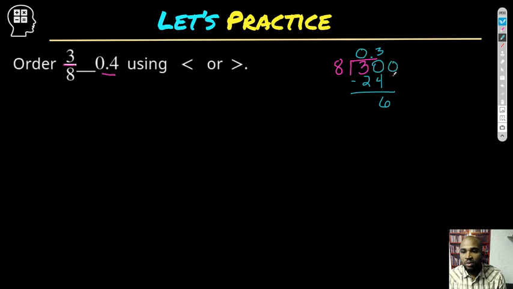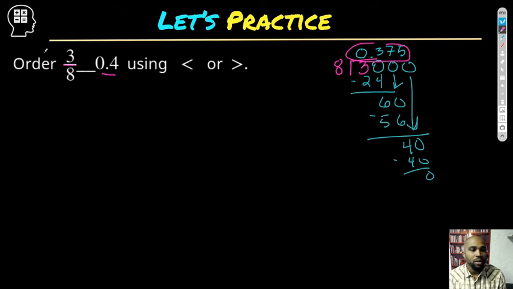Bring down another 0. 8 goes into 60 7 times. And that's going to give us 56, leaving 40. Bring that 0 down. 8 goes into 40 5 times. And I can see that that's going to be perfect. So we're done with that decimal. So now we know that 3/8 is the same thing as 0.375. And we got 0.4.